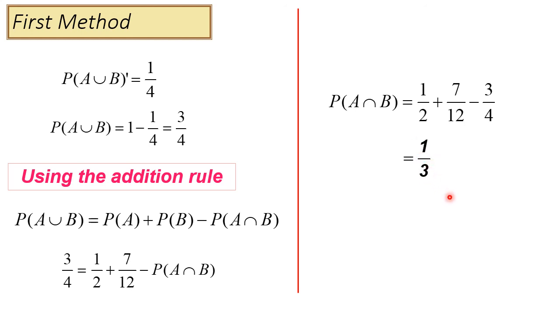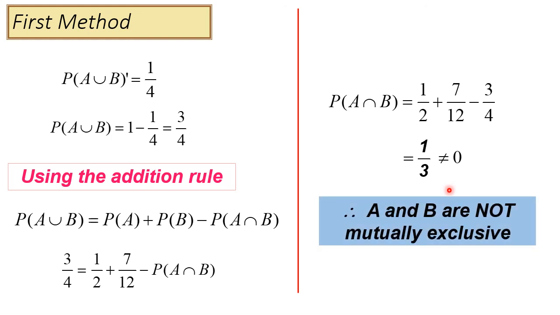And as I said earlier, we already showed that 1/3 is not equal to 0. So we can conclude that A and B are not mutually exclusive. Okay, so this is one of the methods that we can use in order to show that it's not mutually exclusive.